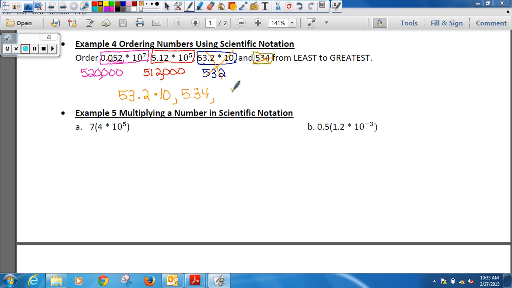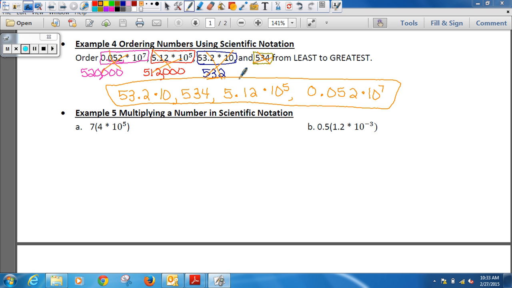My next smallest would be 5.12 times 10 to the 5th. And then my largest number, 0.052 times 10 to the 7th. And that is in order from least to greatest, writing it in the original number form for my list.